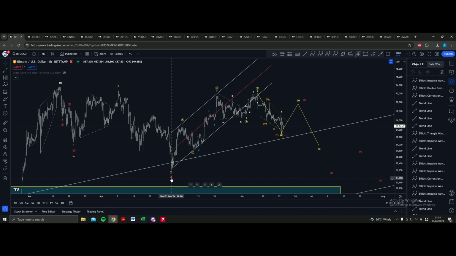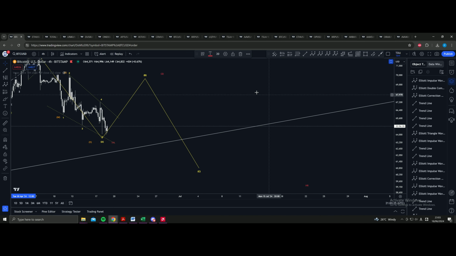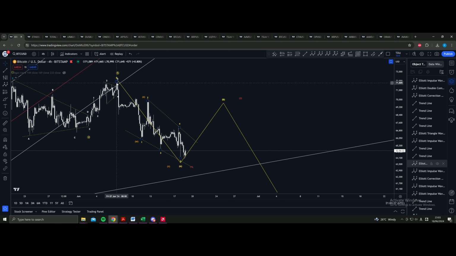However, if wave 4 landed over here as a red 4, we can anticipate an impulsive structure over here, 1 2 3 triangle 4 and 5, and now we're looking at a potential leading diagonal that is contracting. So wave 1 2 3 4 and 5.